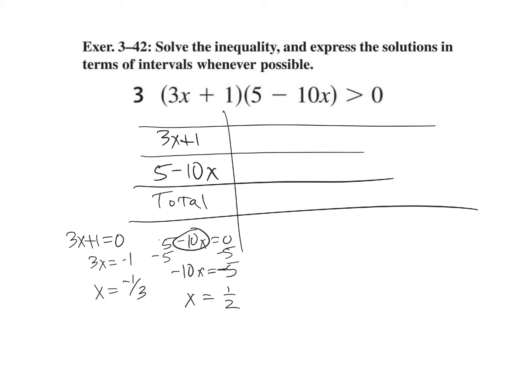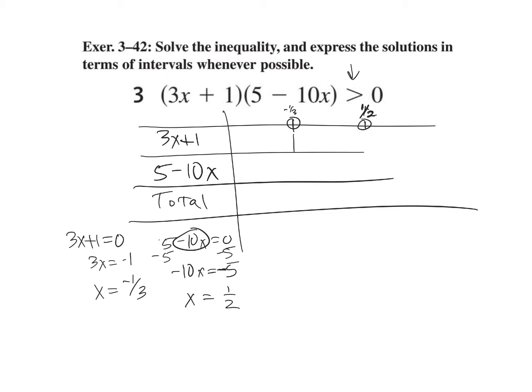On a number line, negative 1/3 is going to be first, and then positive 1/2 will be second. Now it can't be equal to 0 here, because those won't work. There's no equal sign in the inequality, so it needs to be an open dot at those two values.